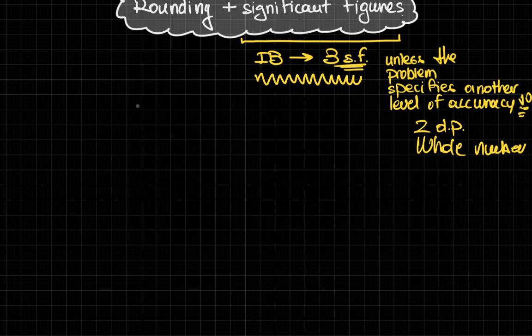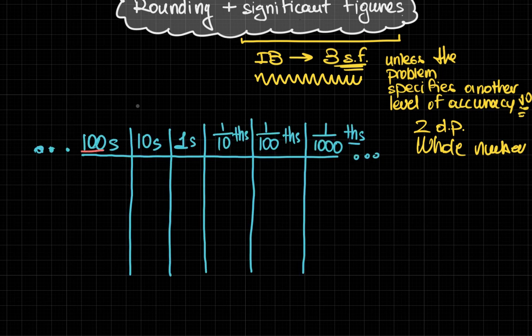From the left side we have the hundreds, then the tens and the units, and then the tenths, with a TH. It's always fun to pronounce. Then the hundredths, and then the thousandths, and so on. And then, of course, we fix the decimal point somewhere.